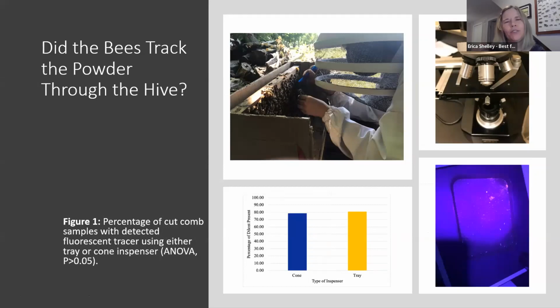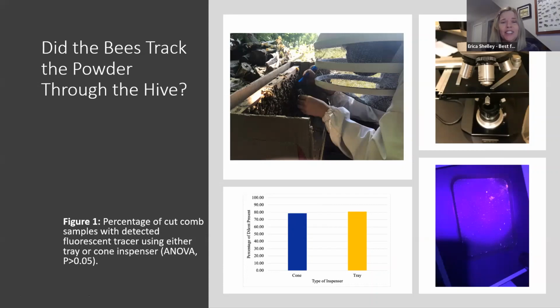And that 80% was very underestimated, because as I mentioned, we would take 3 cells, suspend them in about 1,000 milliliters of water, and then we'd only take 10 microliters of that and look at that under a microscope. So it would definitely be higher, but we definitely had managed to get the powder throughout the hive.